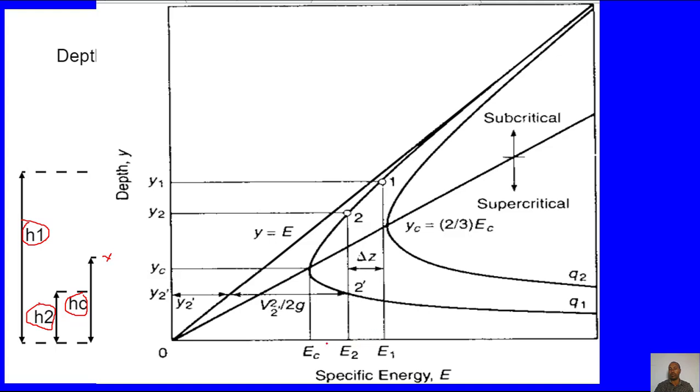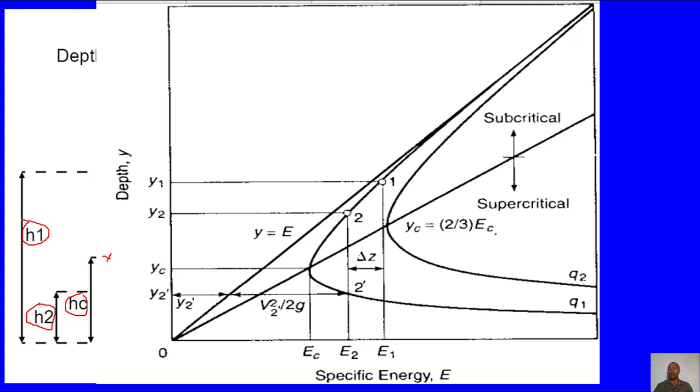Then if you go to this limit, to this point, you will get the critical depth. The level below this is supercritical flow, and above this line is subcritical flow. For Q1, for example, Q1 is less than Q2.